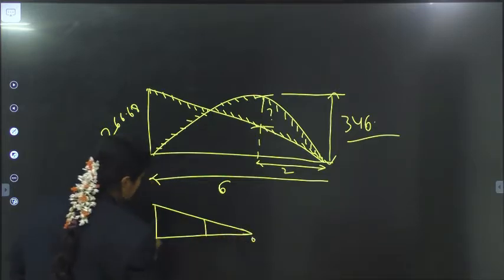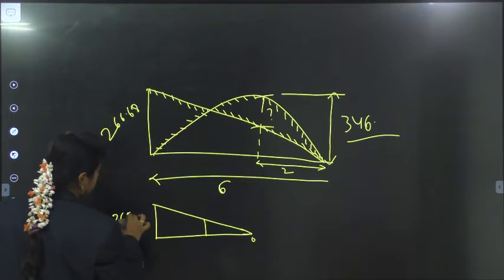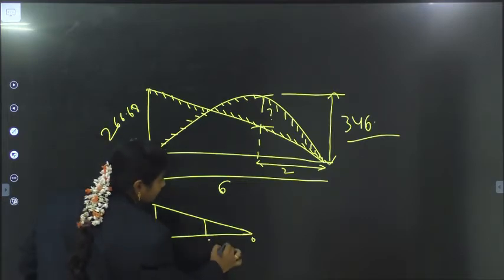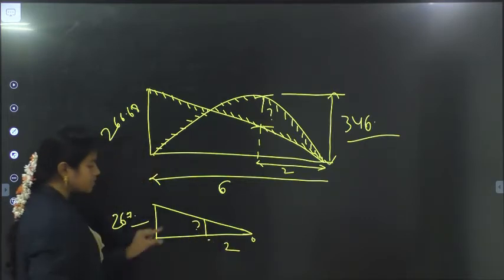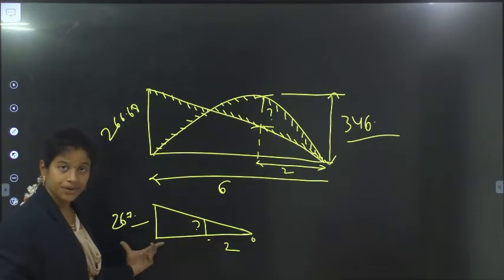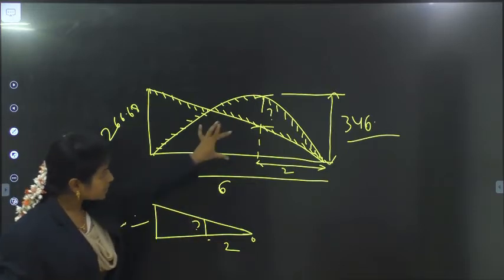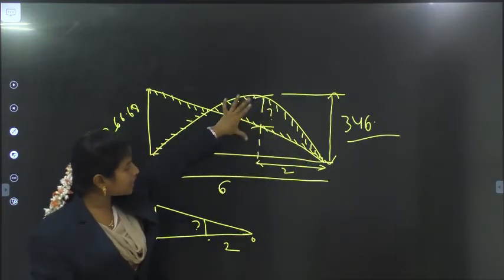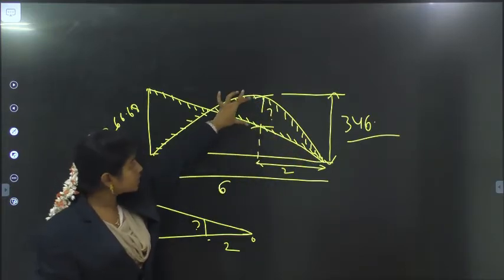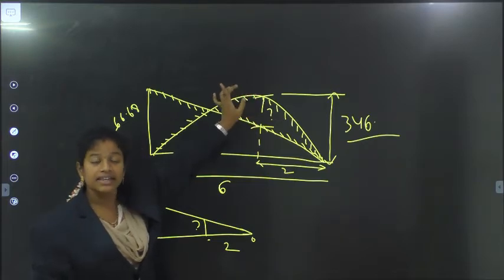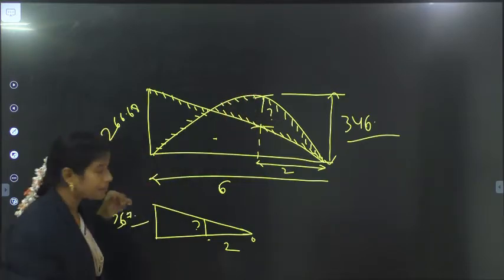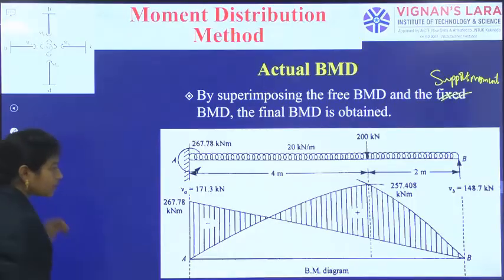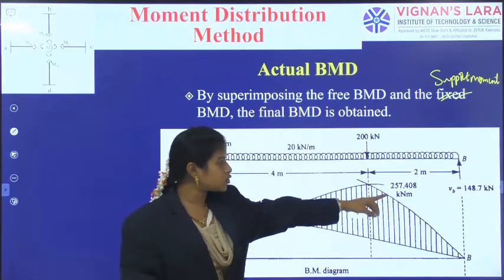As from 0 there is some 267-like value, and at 2 what is the height. So after knowing the height from basic simple principles and removing that height, you can generate this total height, because I know the total curve height and I know the portion height. So this height you can generate, and that answer only you should indicate in the bending moment diagram picture. Now you can observe the answer as 257.